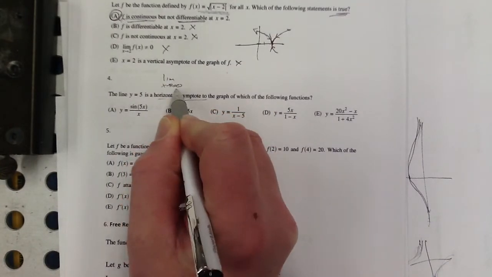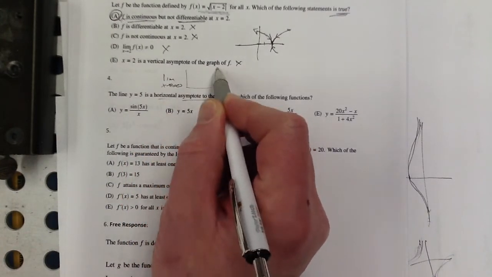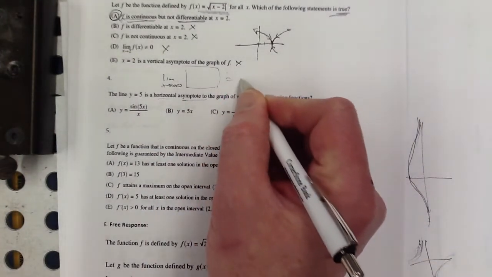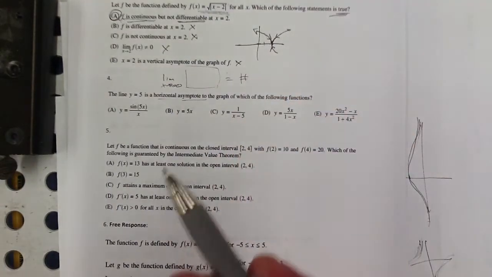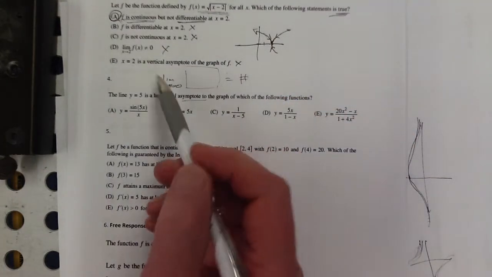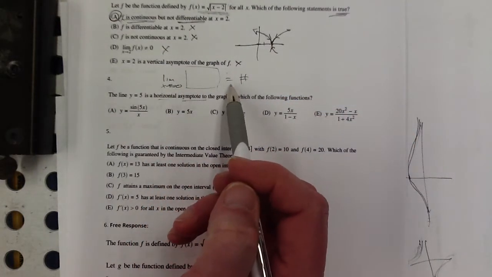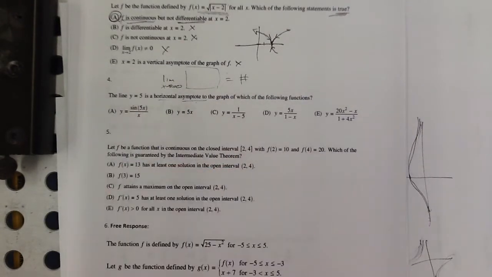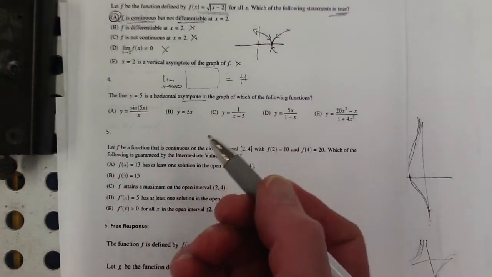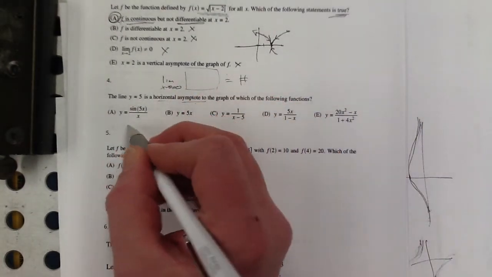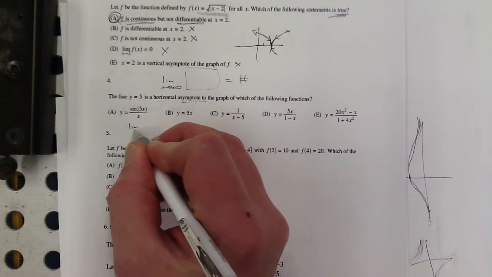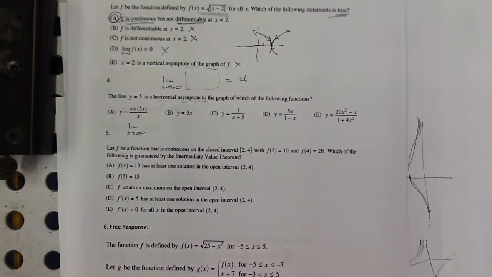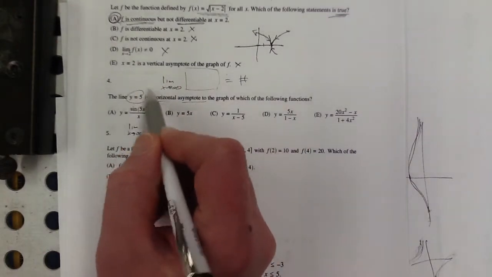If you let x approach infinity, you take the limit of some function, and you get a number, then that means it has a horizontal asymptote at that number. So what we're looking for is the limit as x approaches infinity of each of these functions, and which one has a limit that's equal to 5.